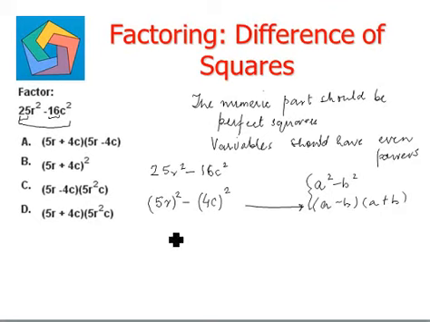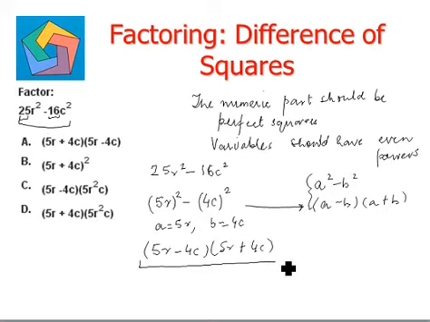Here a is 5r and b is 4c. So 5r minus 4c times 5r plus 4c. This is the final answer and can be seen in option A.